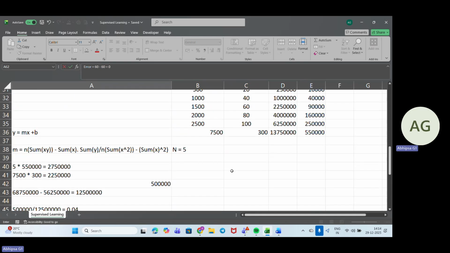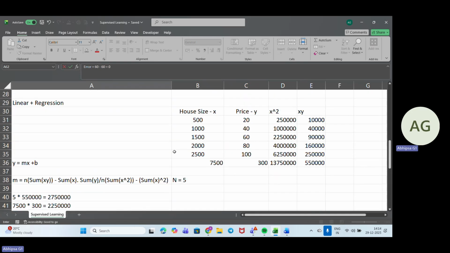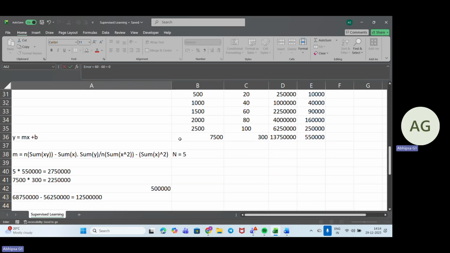So my model has learned accurately. There is no issue with that part. Why is the fit perfect in this case? Because the data is increasing evenly, and for every 500 square feet we are getting exactly 20 lakhs.